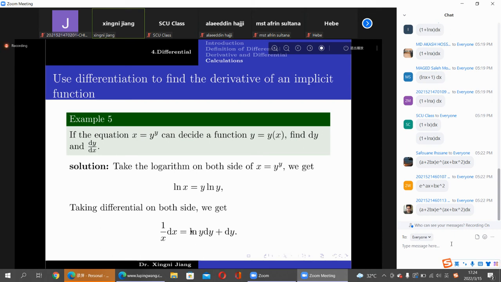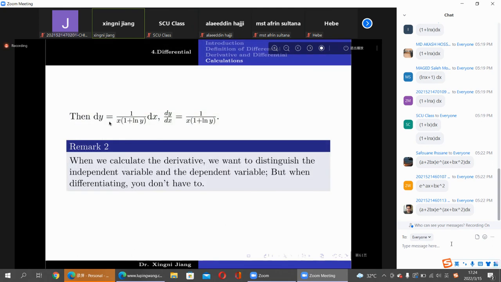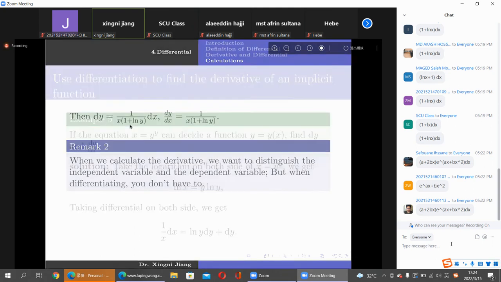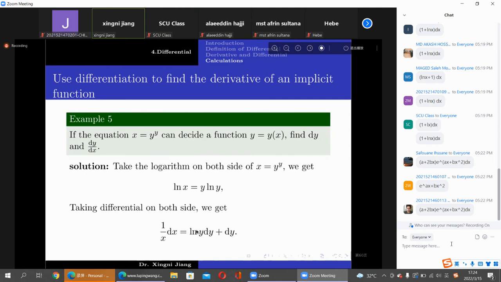And then you just solve the easy equation. So then you get dy is equal to, just like that. You put this together. So this part is (ln y + 1) dy.